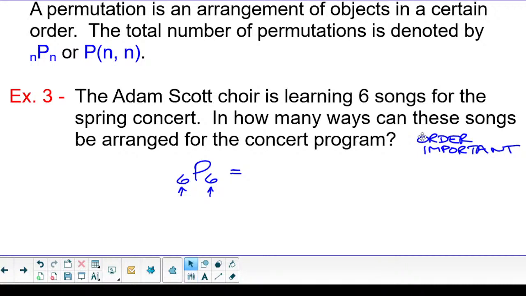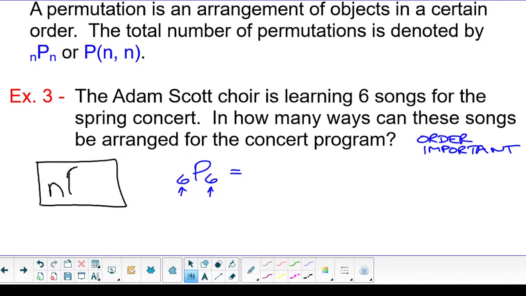On your calculator, for those of you who needed to press the probability button to get the factorial, you'll have to press the probability button for this as well. You will find an nPr button somewhere on your calculator. What you need to do is type in 6 and then this nPr button, and then you're going to type in 6 equals.